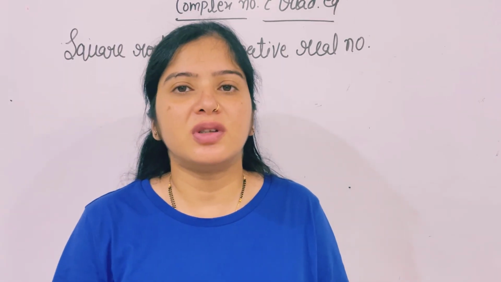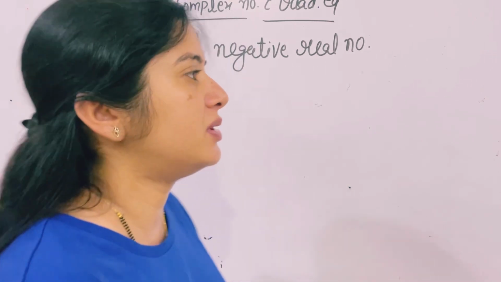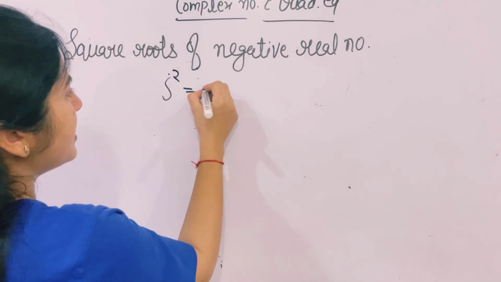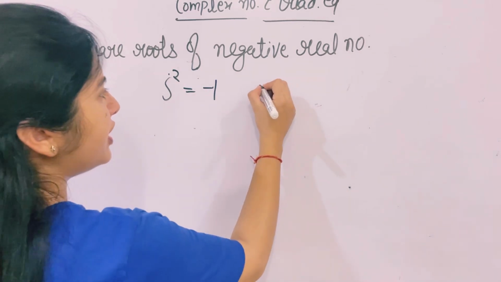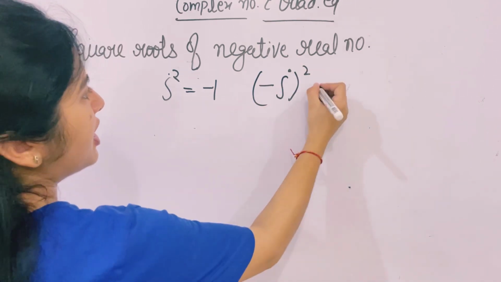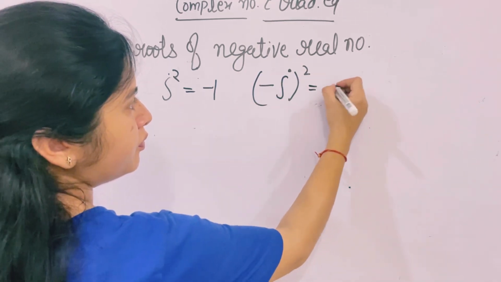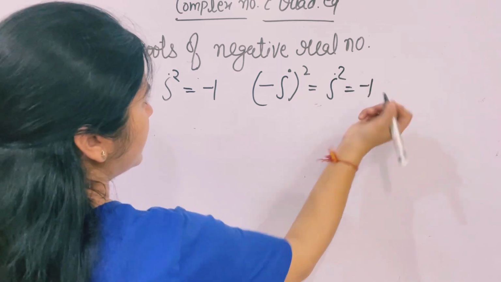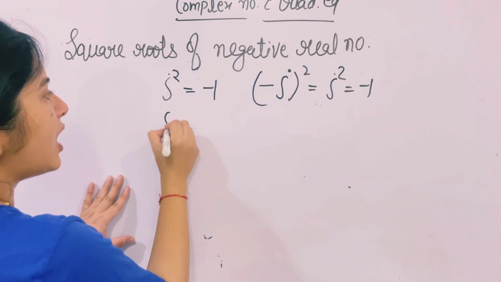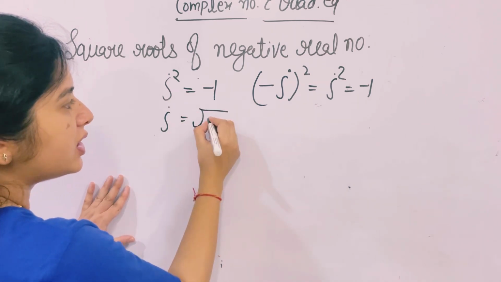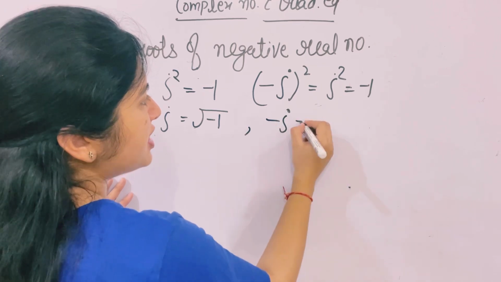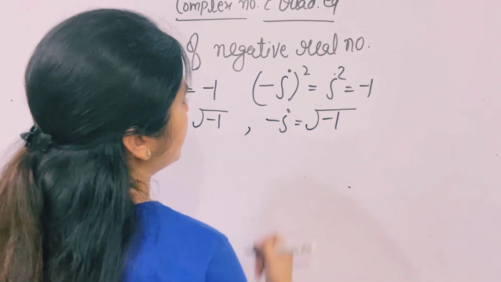Now we are going to do the square roots of negative real numbers. As we know, iota square is minus 1, and if we take minus iota whole square, it also becomes minus 1. So iota is a root of minus 1 and minus iota is also a root of minus 1.